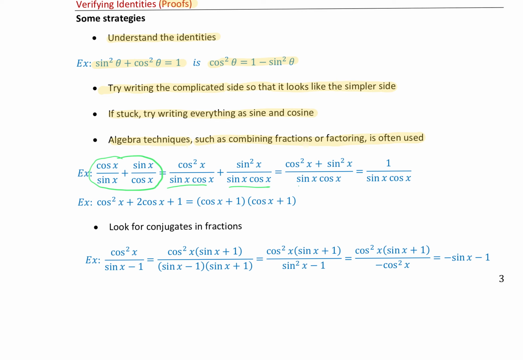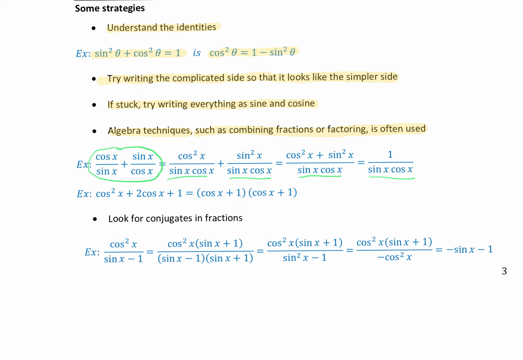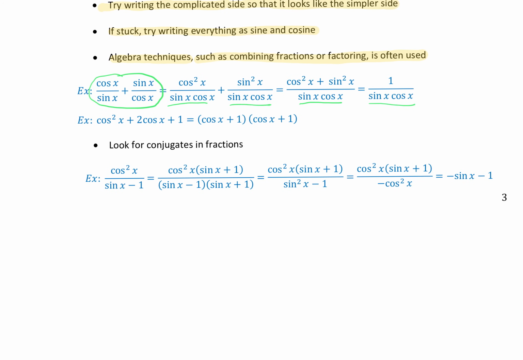And then once they have their common denominator, you just combine the numerators. So it becomes cosine squared plus sine squared. And then using the identity, cosine squared plus sine squared is 1. So we get 1 over sine cosine. So that is a trick we use a lot, is cosine squared plus sine squared is equal to 1.